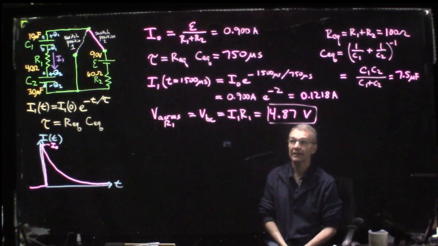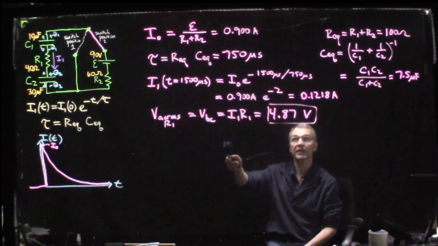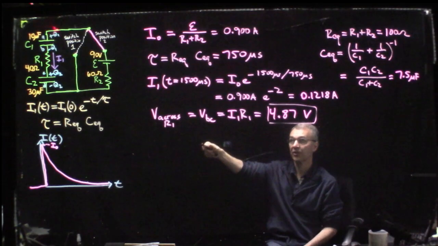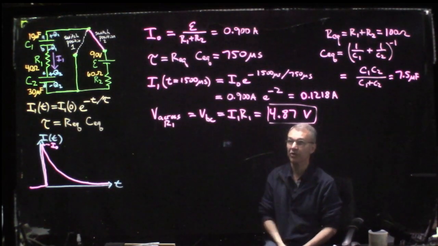So that's the key to working out things like what was the current right after we flipped the switch. We said, aha, there's zero charge in these capacitors, therefore there's zero voltage drop across these capacitors.